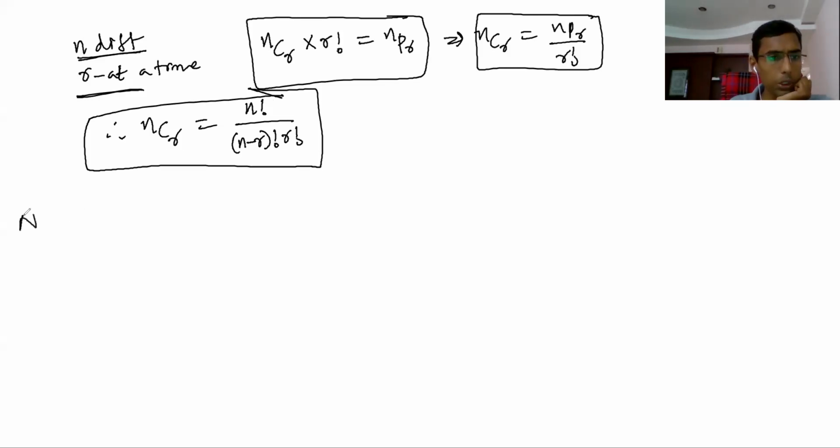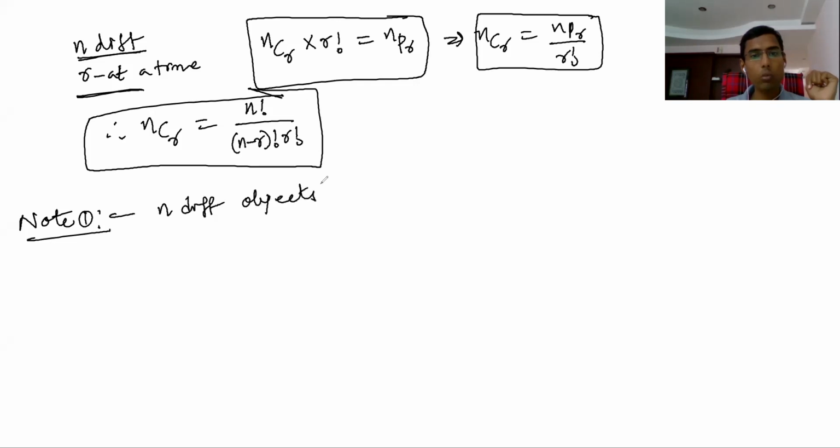Here you need to note a number of points. Point number one is that the number of selections is nothing but the number of subsets. Let's say you have n different objects, a set with n different objects.